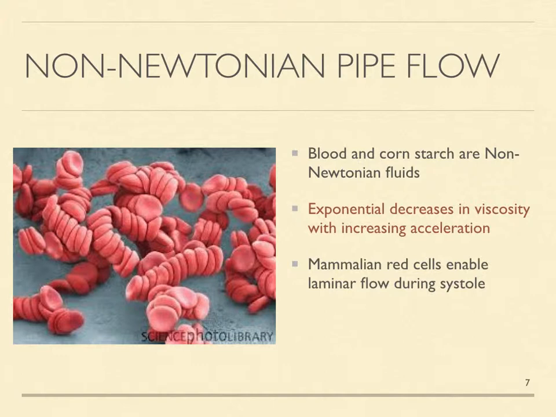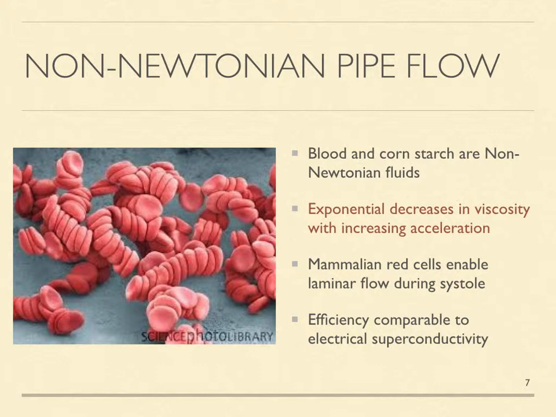Because of this, mammalian blood exhibits laminar flow during systole. Laminar flow enables extreme cardiac efficiency comparable to electrical superconductivity. Cardiac contractility is converted into pure kinetic energy with nearly 100% efficiency because turbulent flow resistance is absent.